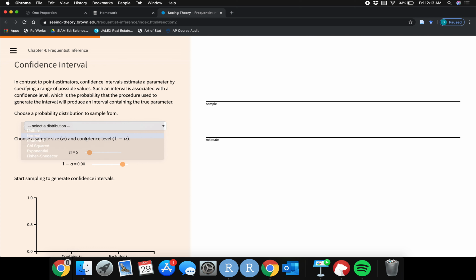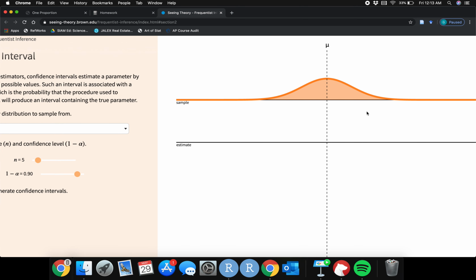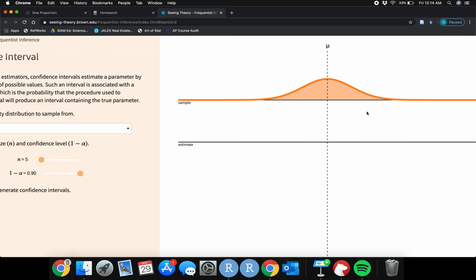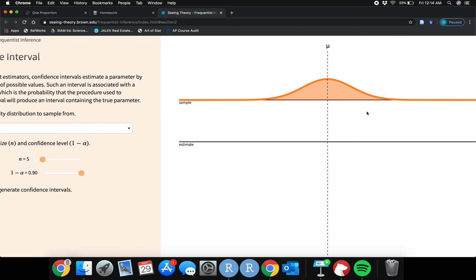I've got here a population, and I'm going to sample from a normal population, but that's not necessarily important. This is also a question about means and not proportions. We're working with proportions, but it does the same thing for us with means. The same idea applies.